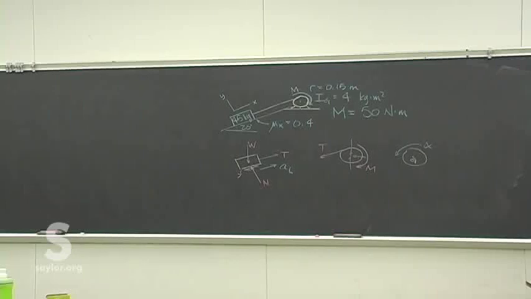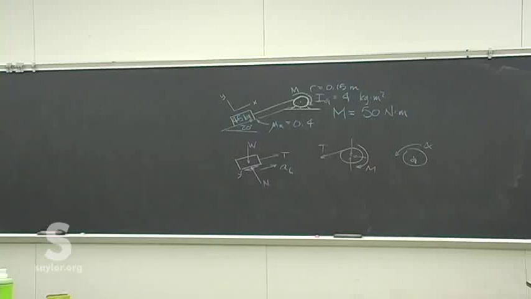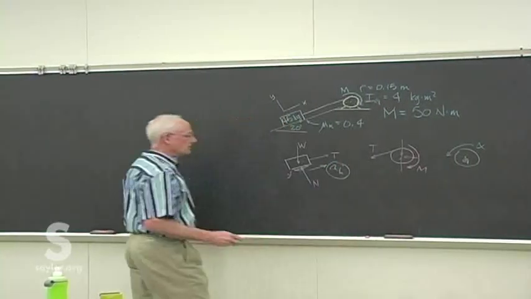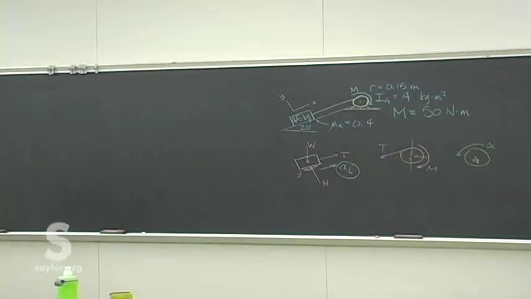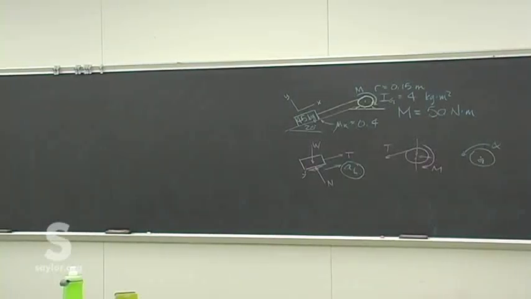T we don't have, but that's what's going to cause the acceleration of the block up the table, so we'll be able to find that. What we're seeking is the acceleration of the block. So just set up the three equations, and then we'll see what we got, see if we all compare.